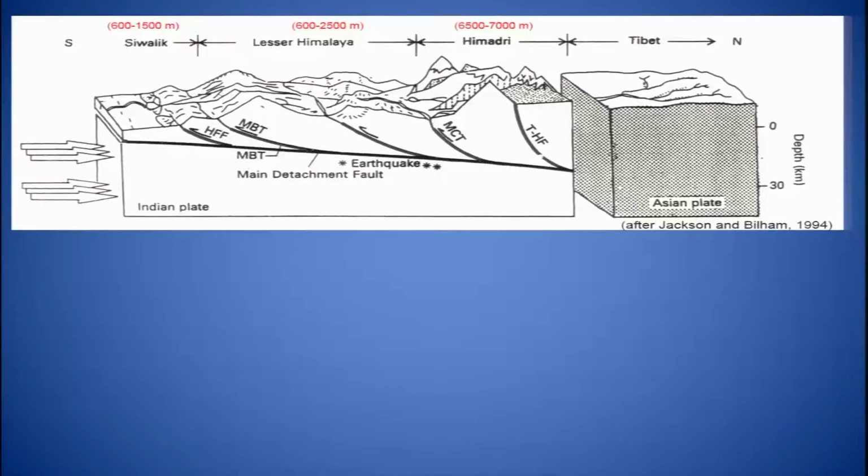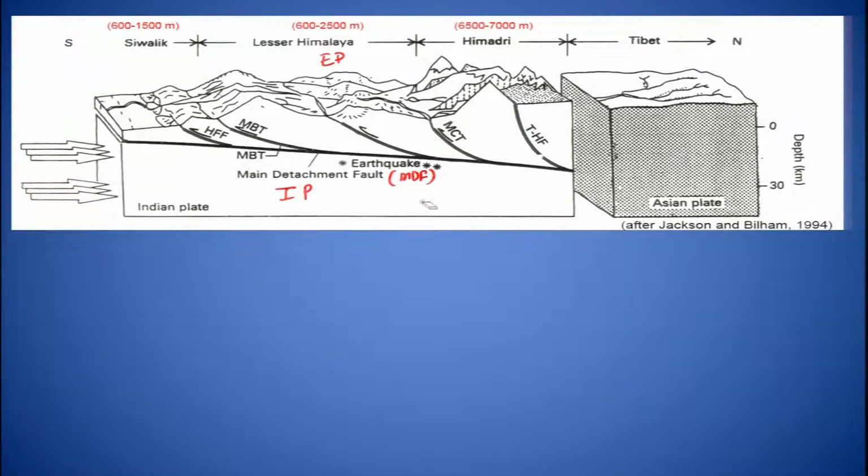So, if you look at the cross section across the Himalaya, taking into consideration some part of the Indo-Gangetic plain, this cartoon tries to explain that this is the contact between the two plates, where part of the Indian plate is subducting below the Eurasian plate, and this contact is termed as the main detachment fault, or it has also been termed as the main Himalayan thrust, or main Himalayan fault.